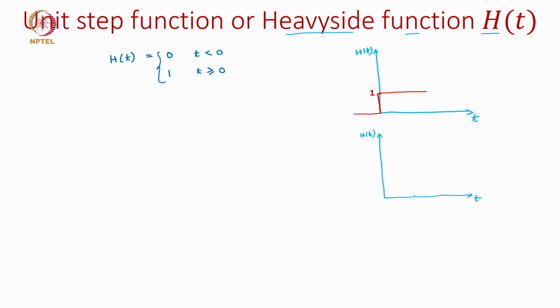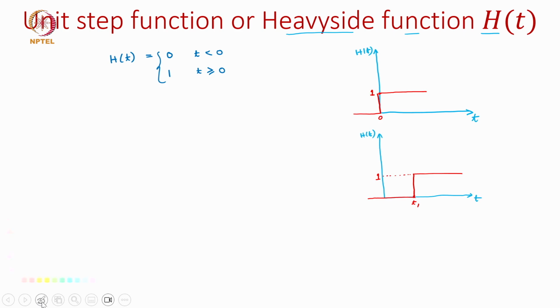Before this time t1 the response is 0, but at time t1 it suddenly increases to unity, and after time t1 it remains constant. Here it is time 0 and this value is 1.